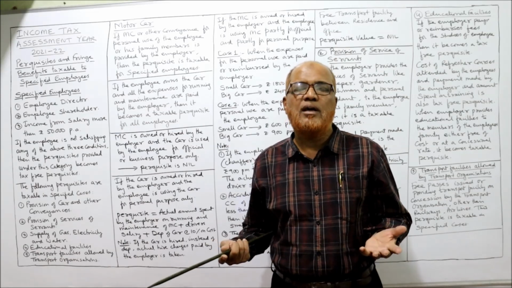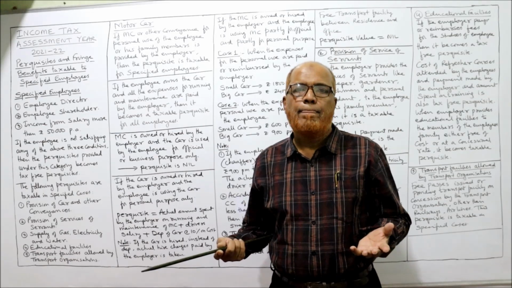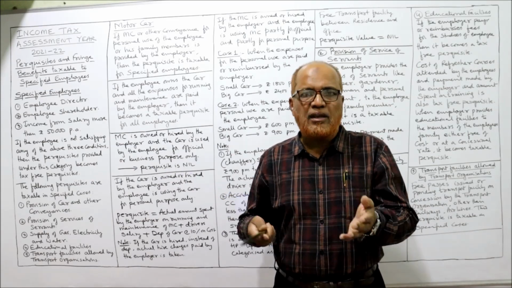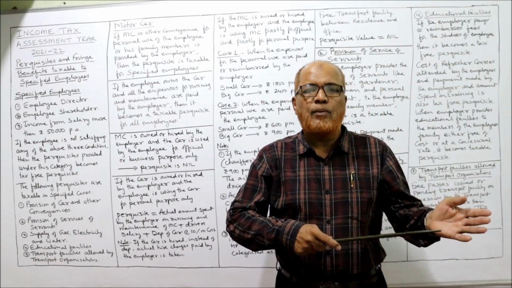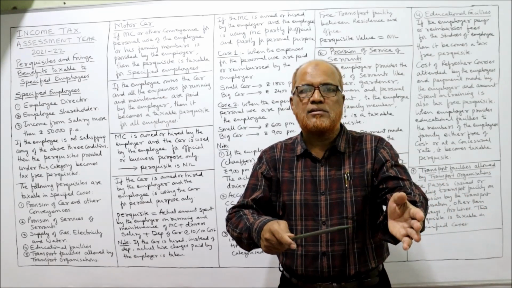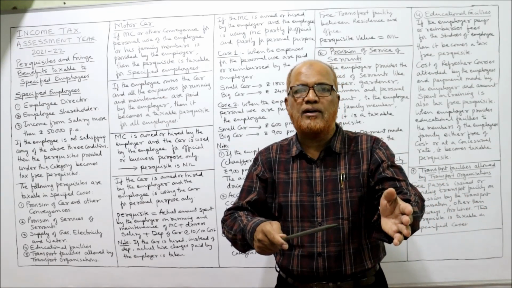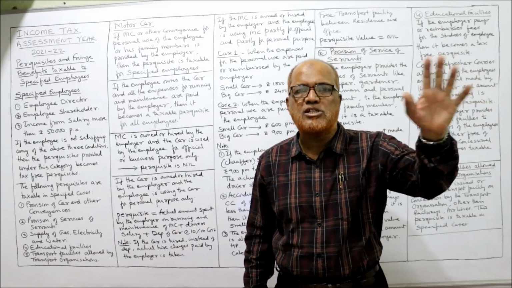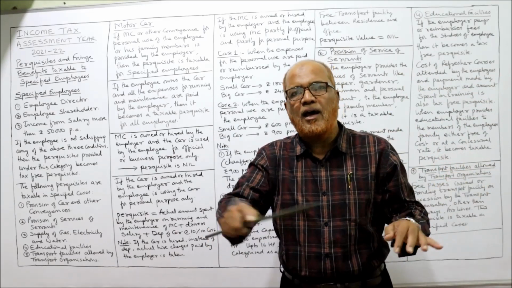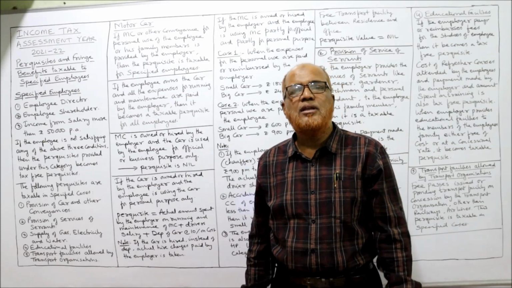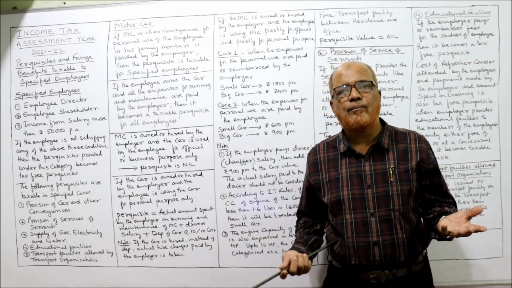That means he is not getting any personal benefit. The employee is coming in his own conveyance. After coming to the office, the employer is providing the car of the office, just to use it for business purpose. When the business purpose is over, he has to hand over the car and go on his own conveyance. That means he is not getting any personal benefit.